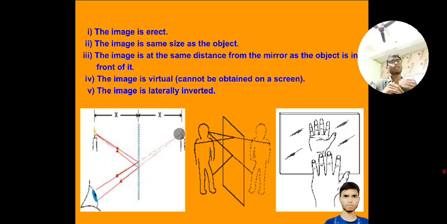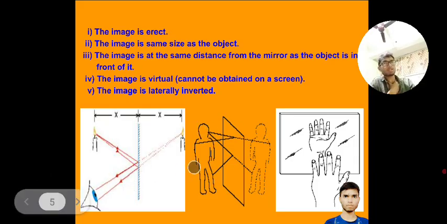So the image would be erect, as it is. The size of the object and the image inside the mirror would be as it is. Nothing would be changed. The image is the same size as the object.